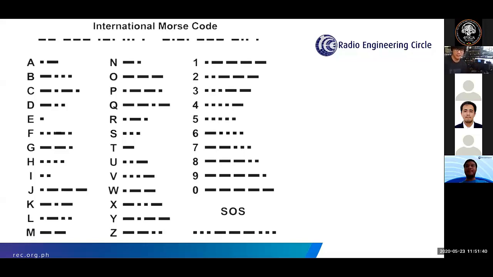If you look at the F, if your timing is a bit slow, you will mistake it for E. Actually, it sounds like E, E, because E is 1 unit. So you have 1 unit and F.